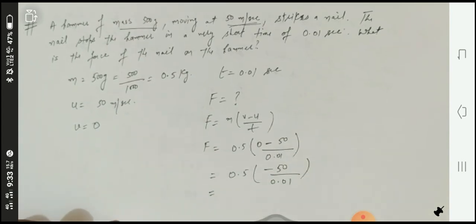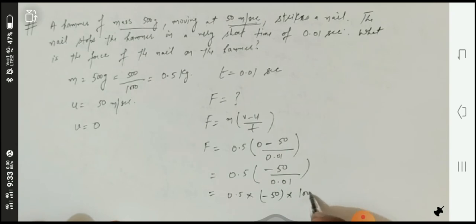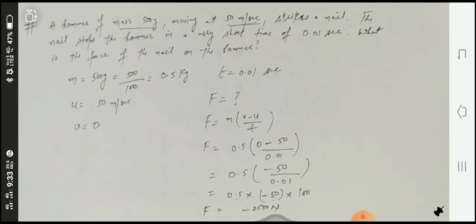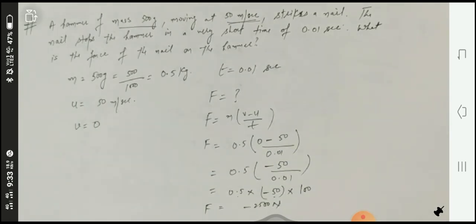Which is equal to 0.5 into minus 50 into 100. So 0.5 into 50 is 25, minus 25 into 100 is minus 2500 Newton. Check your answer. Answer should be negative. The value of force should be negative because it is a retarding force.